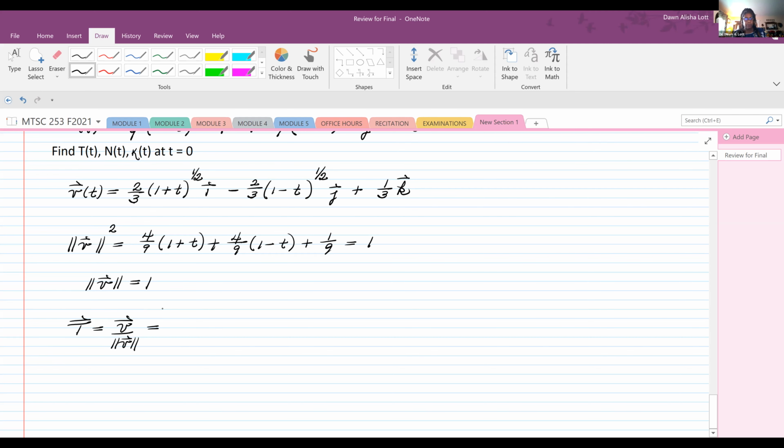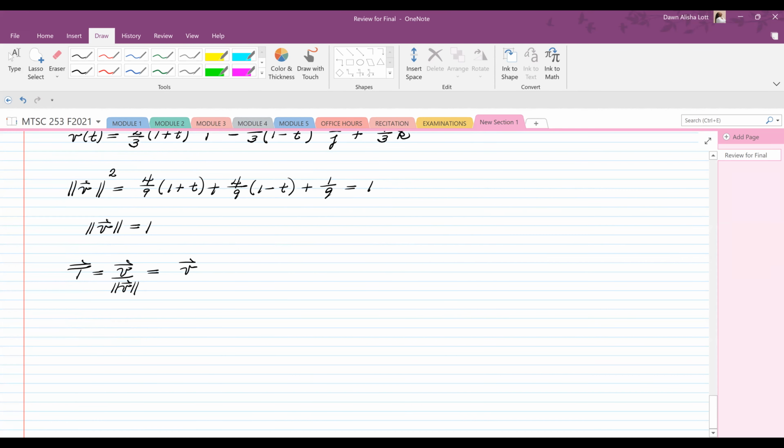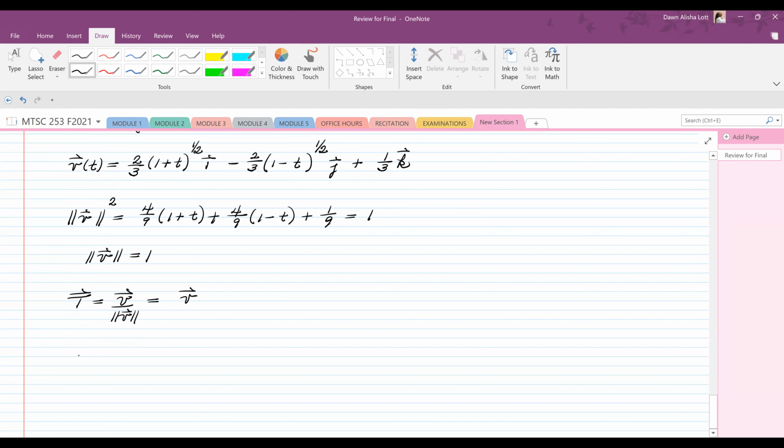T just equals V. Okay, all right, good. For the normal vector, you do the derivative of the vector T, so T prime.